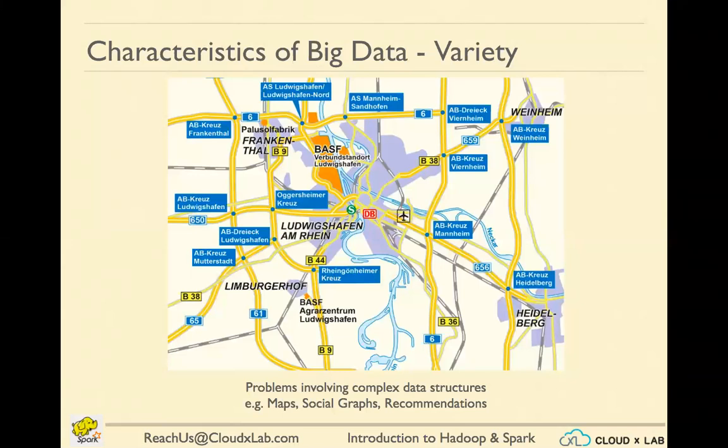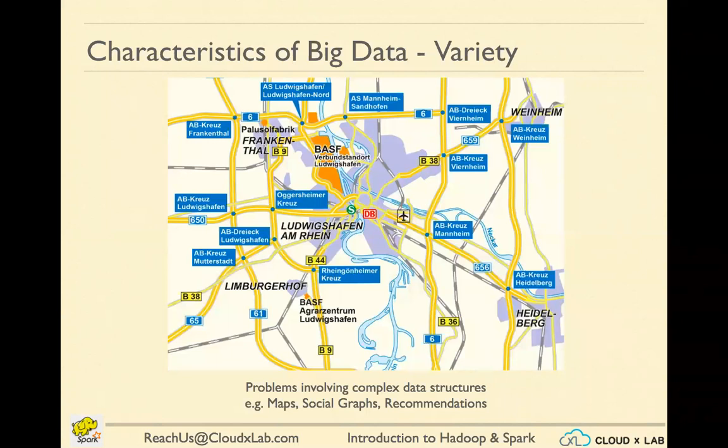Even though volume-wise the data could be small, and velocity-wise we don't have that much data coming in, because of the complexity of the problem and the structure of our data, we might require large-scale computing, big data computing, or distributed computing. Therefore, variety is another characteristic whereby we might be pushed to use a big data system.